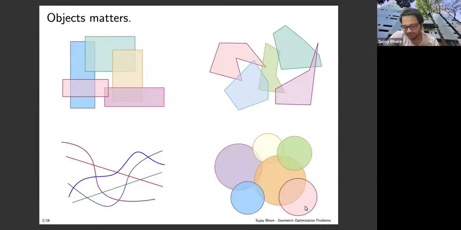Let me begin by saying that objects play a very pivotal role in our existence, and we are surrounded by objects in our ambient space. They are in different forms and shapes, for example, axis parallel orthogonal shapes, different kinds of polygons, convex and non-convex shapes, different kinds of curves and straight lines, line segments, or balls, spheres, etc. As Kepler said, wherever there is matter, there is geometry.